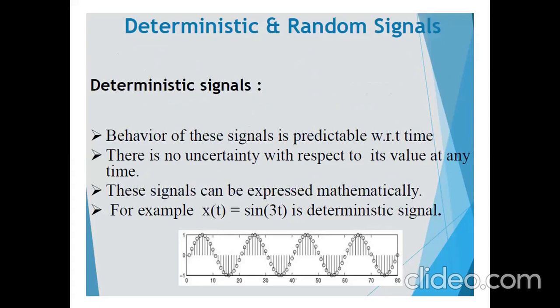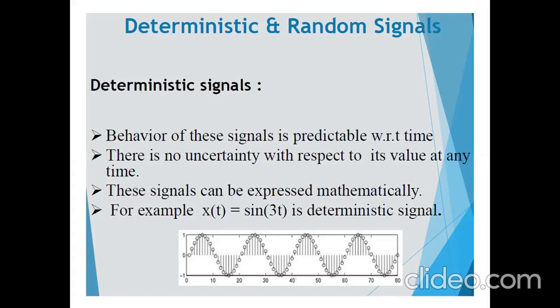There is no uncertainty with respect to its value at any time. This signal can be expressed mathematically. Example, x of t is equal to sine of 3t. So that's why we say it is a deterministic signal.